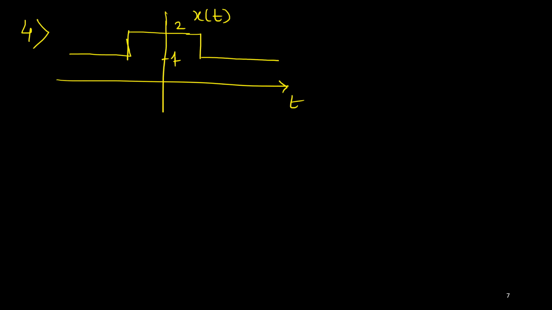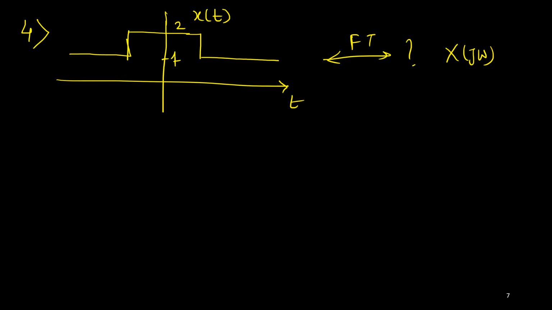Right? Now, what is the Fourier transform, meaning capital X of j omega? So how to find the capital X of j omega for this signal?